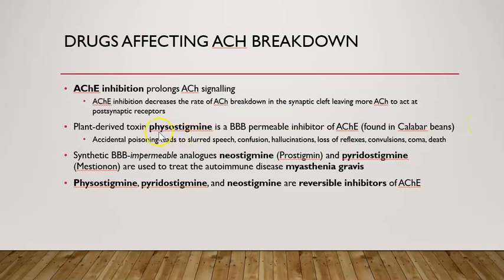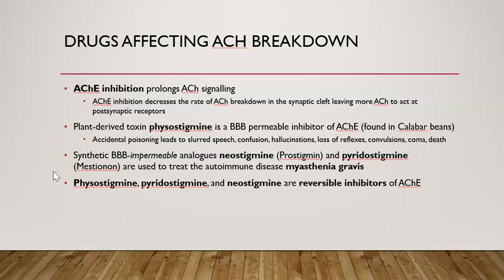Now, obviously, we won't freely give people this toxin because it's not good. But there are some synthetic analogs of this toxin that are impermeable to the blood-brain barrier. In other words, it's another toxin that causes acetylcholine esterase inhibition, but it's not able to cross the blood-brain barrier, so we're only going to see the effects on the peripheral nervous system.